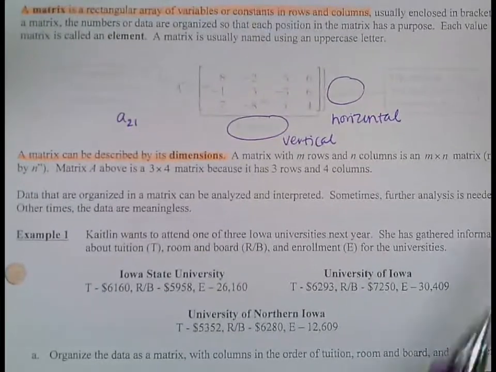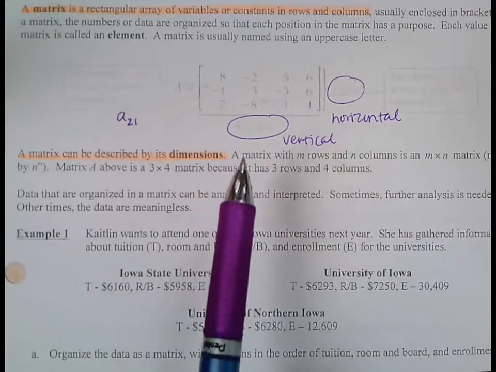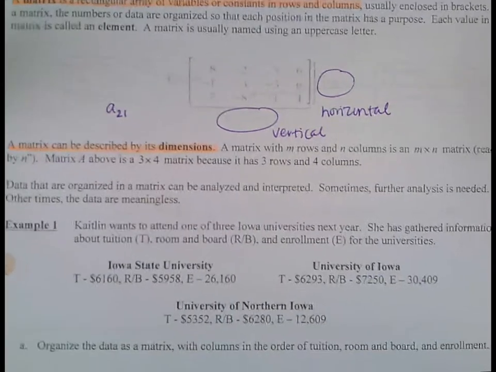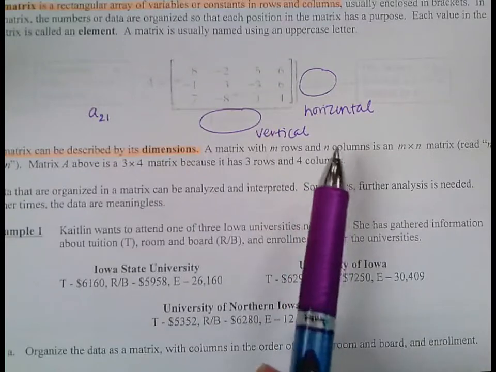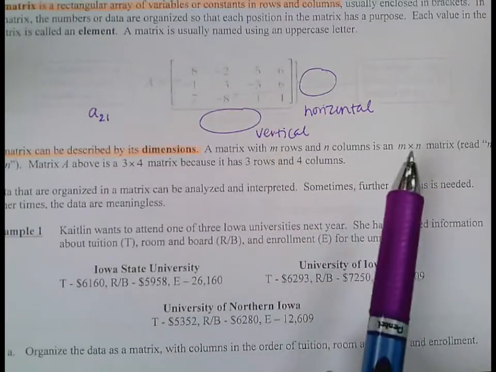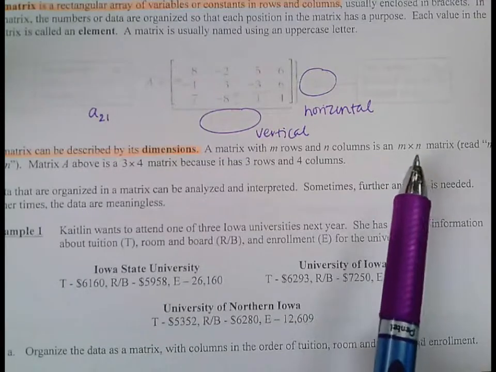Because this matrix has 3 rows and 4 columns, this is how the dimensions of a matrix are defined. A matrix with m number of rows and n number of columns is an m by n matrix, so not m times n, but m by n matrix.